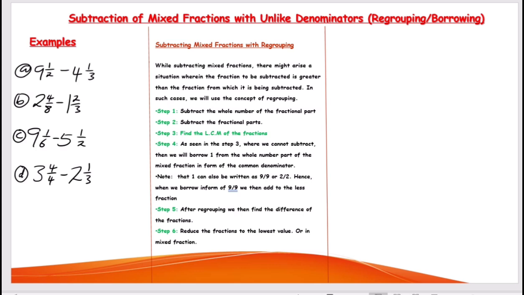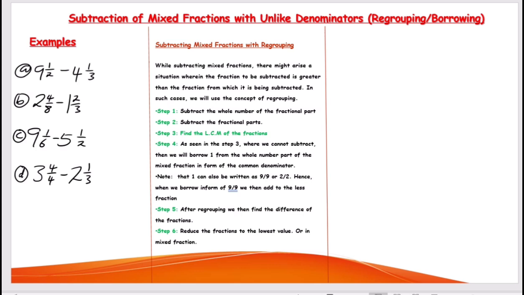Step 4, as we have seen in step 3, where we cannot subtract, then we have to borrow one from the whole number of the mixed fraction in form of the common denominator. When you borrow in form of the common denominator, that is 9 over 9 or 2 over 2 or 3 over 3 as the case may be, you should note that 3 over 3 is the same thing as 1.